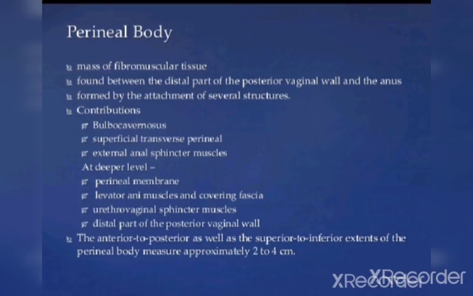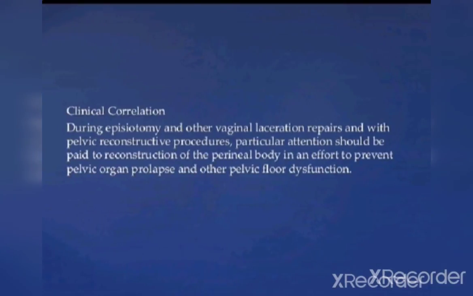The anterior to posterior as well as the superior to inferior extents of the perineal body measure approximately 2 to 4 centimeters.